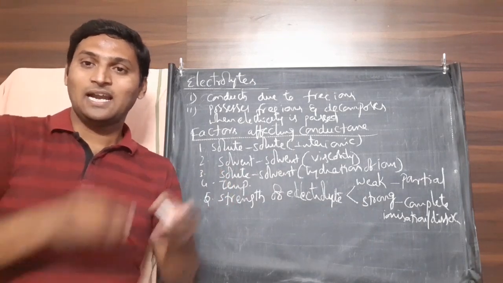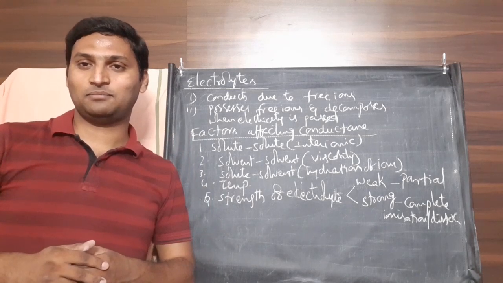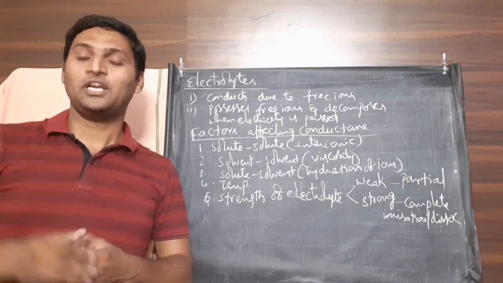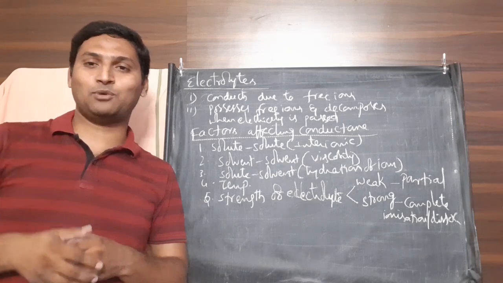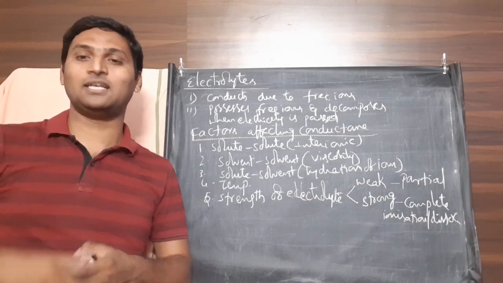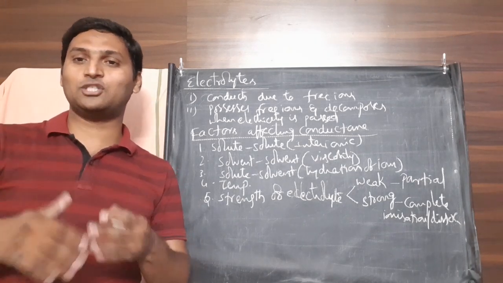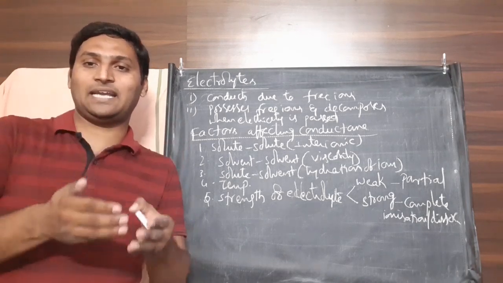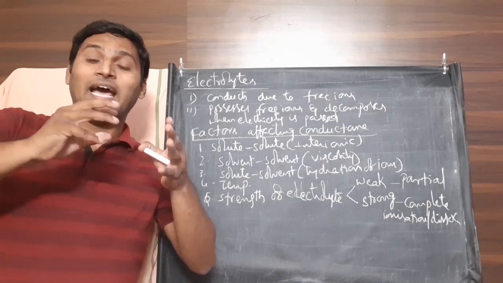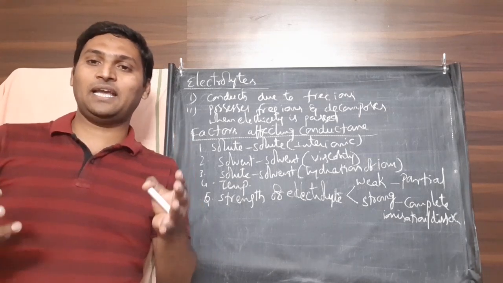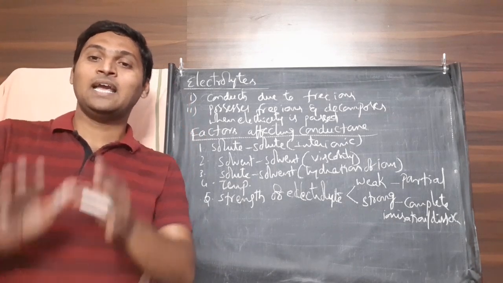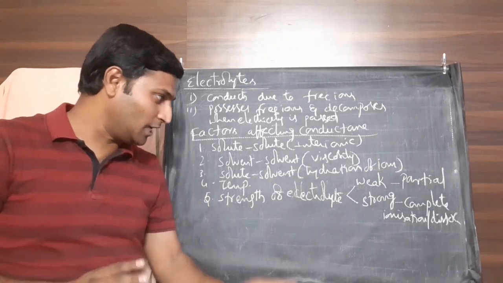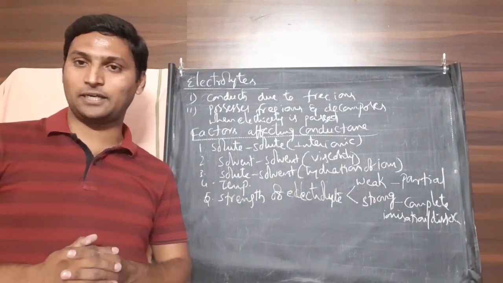Out of 100, 10 have broken into ions. Means 10%. Out of 100, only 1 has broken into ions. Means 1%. Or 2 have broken into ions. Means 2%. Likewise, when less than 100% breaking or dissociation is there, rest of the particles are remaining as undissociated or unionized particles, then you call it weak electrolyte.